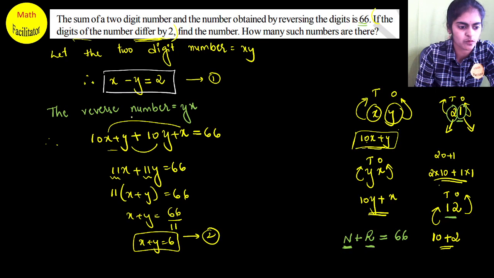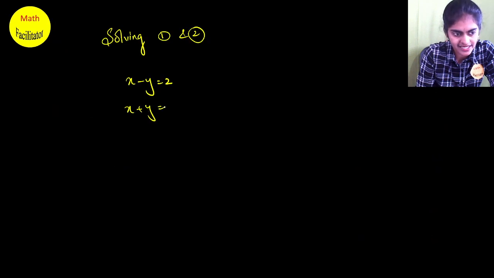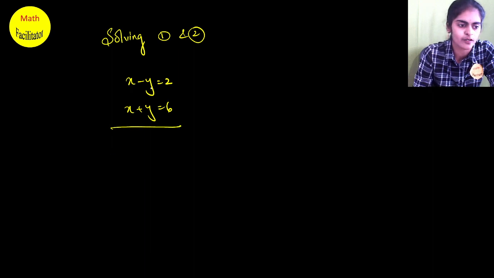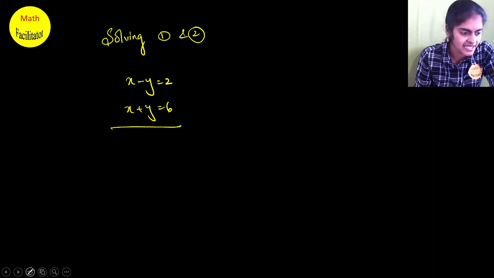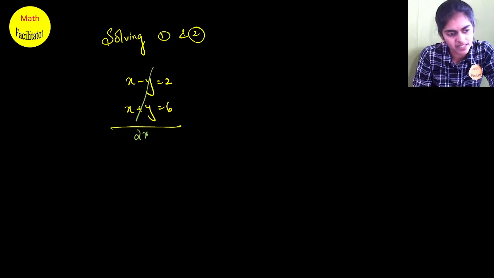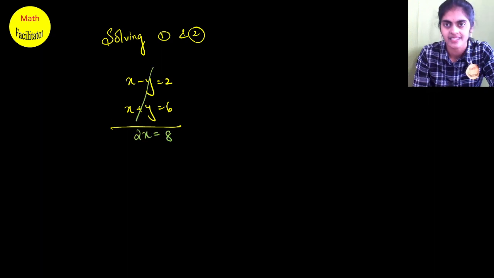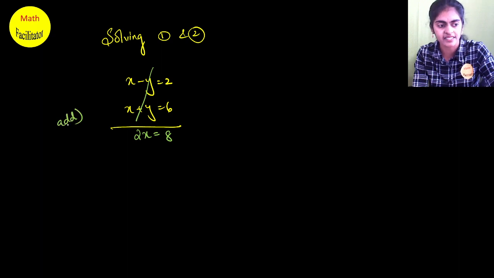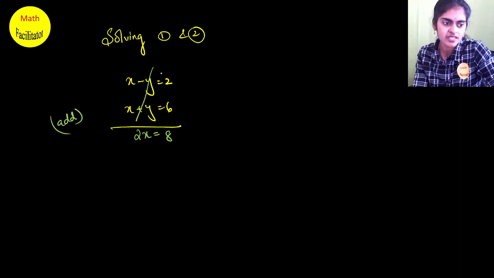Solving 1 and 2, x minus y is 2 and x plus y is 6. Minus y plus y, happily I can cancel without any solving here. So x plus x is 2x, which is 8. Now what did I do? I have added both the equations because minus y and plus y both get cancelled.